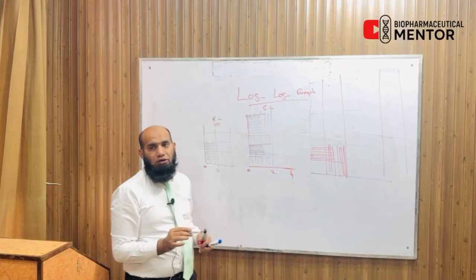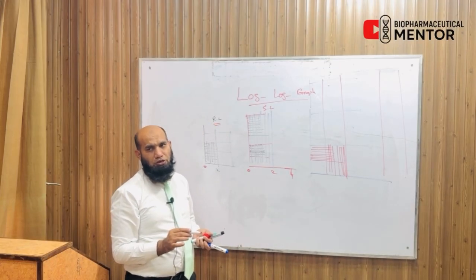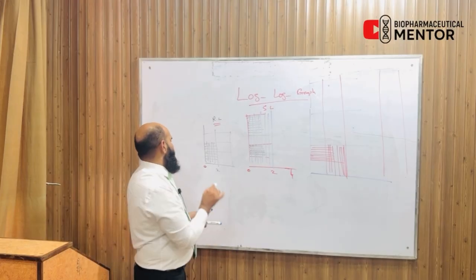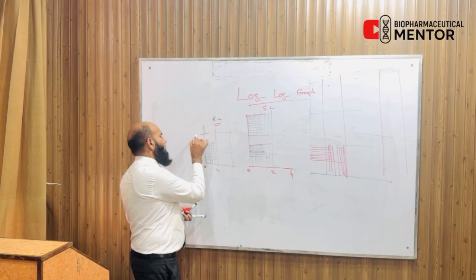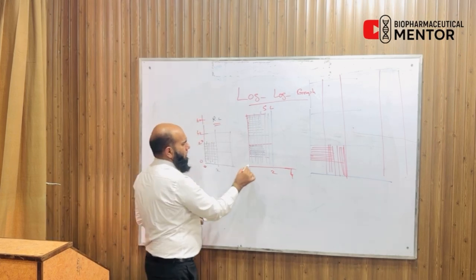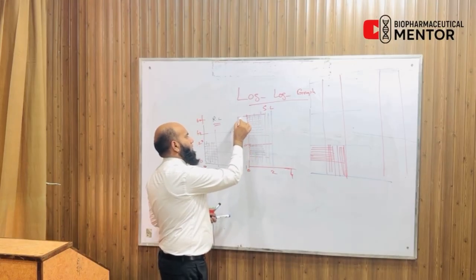But in a log-log graph, we will never start from 0, because just like the semi-log graph on the y-axis, we are not starting with 0. So here we can write 0 to maybe 20, 40, 60. And here, we have to write 1, 10, then 100.